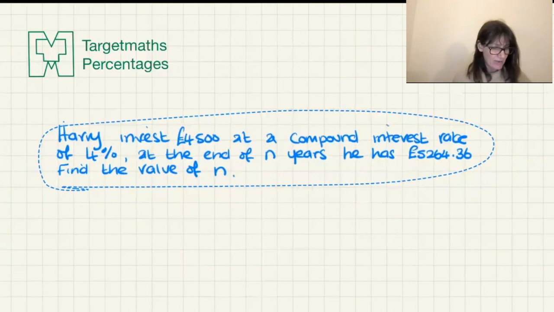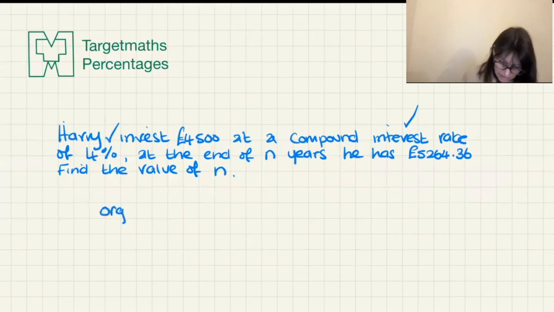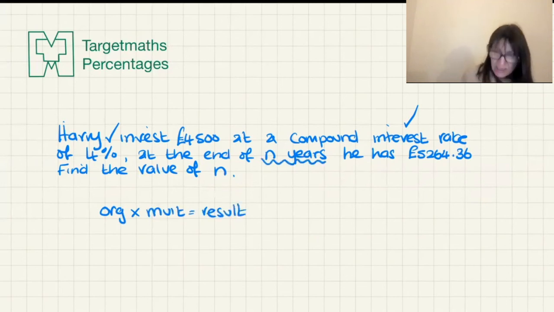Okay, I've got my calculator at the ready for this one. So I know that this is interest. Okay, I've got a percent. I know it's original times multiplier equals result. I know there's a period of years. I just don't know how many there are. So my add-on is there.